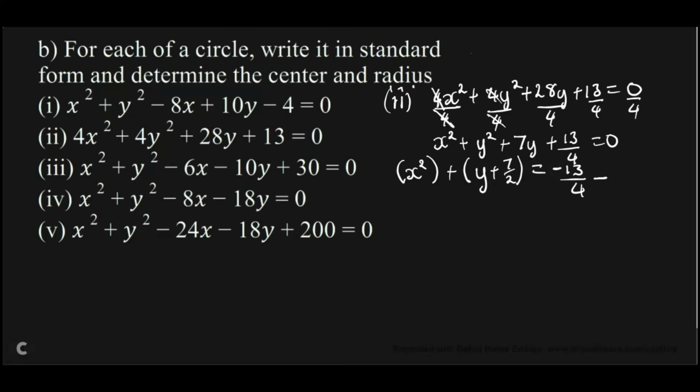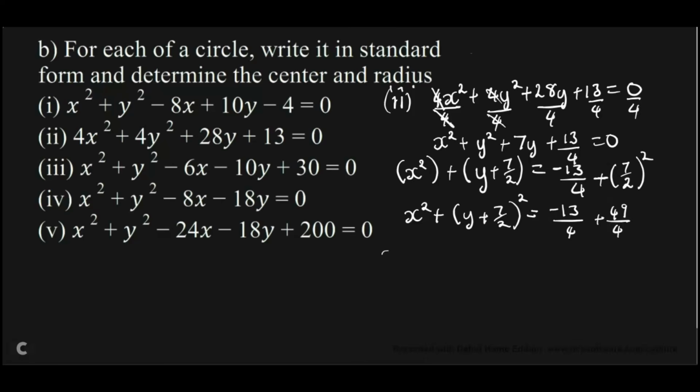Then what's the half of 7? It is 7 over 2. Then you square like that: x squared plus y plus 7 over 2 squared equal to 13 over 4 plus 49 over 4.